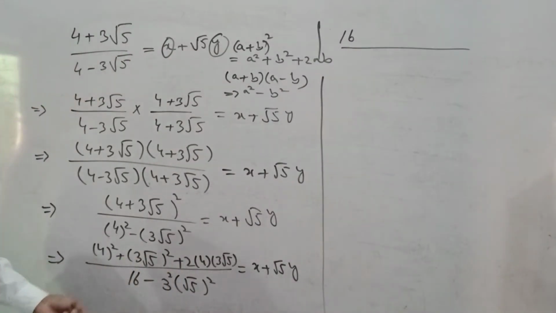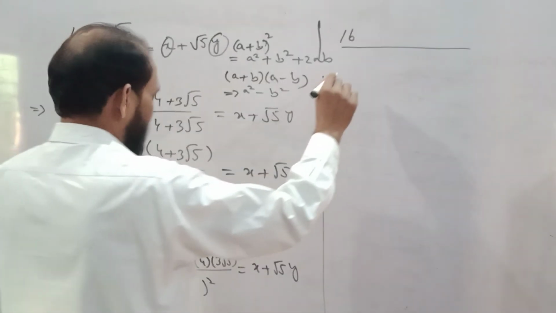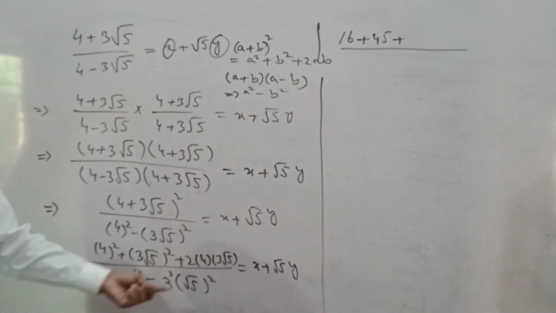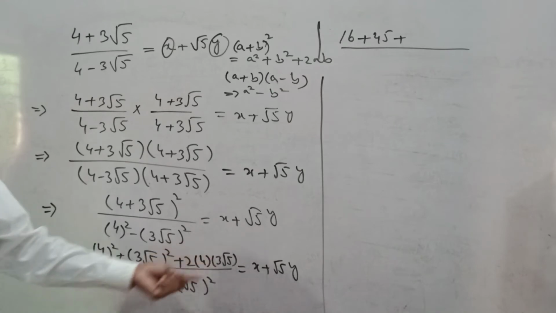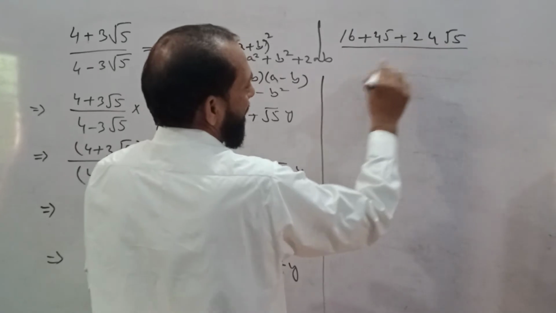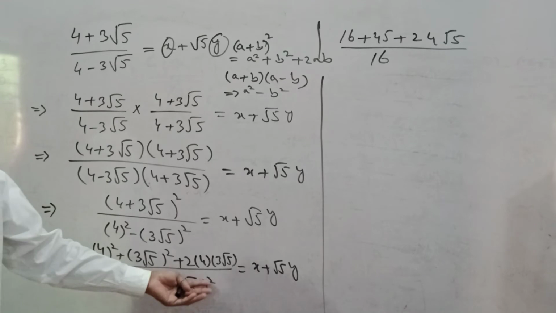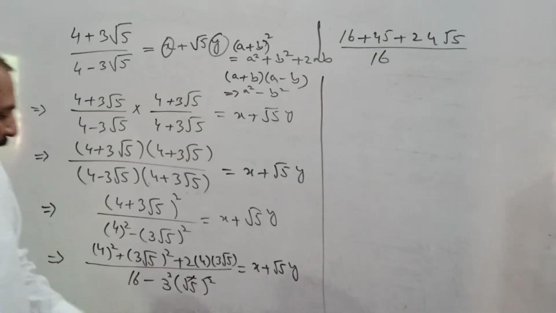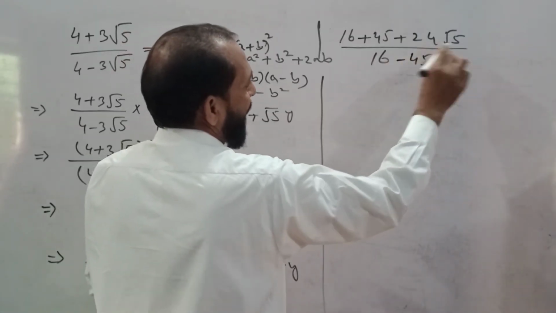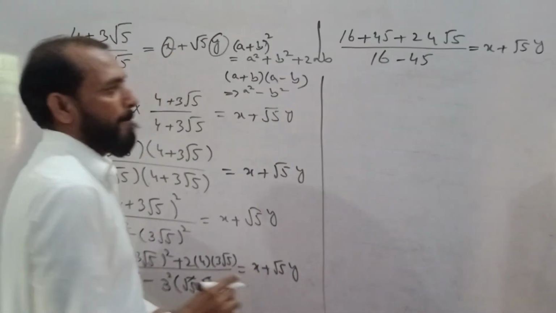The first value is 16 and the second value is 9 into 5, 45. 9 into 45, 8, 3 are 24 into square root of 5. And 16, 9, and this will be cancelled with each other, and 45. x plus square root 5 into y.